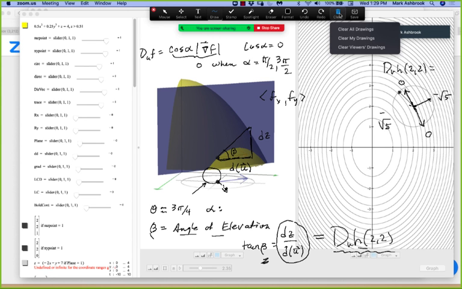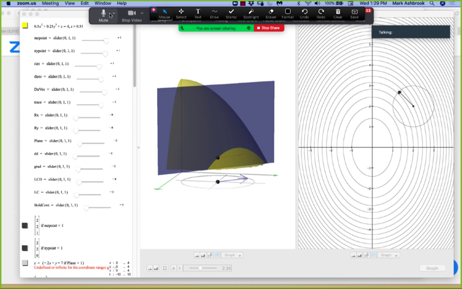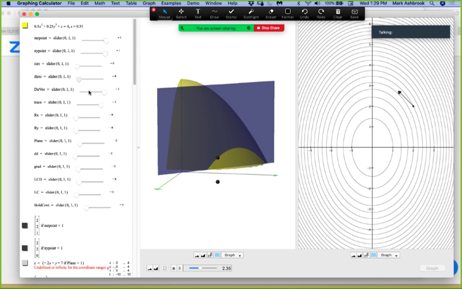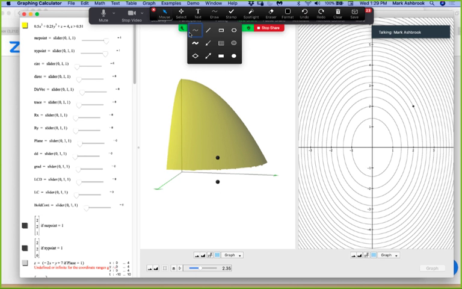Okay, here we go. Now let's go back, and let's just say this is any point, A, B. Not 2, 2 anymore.